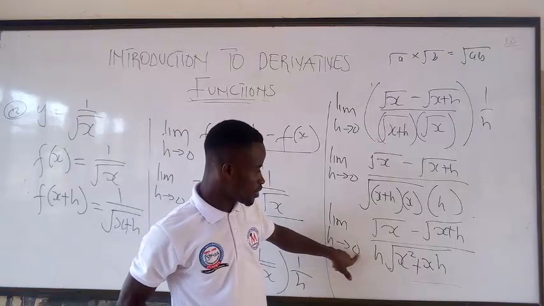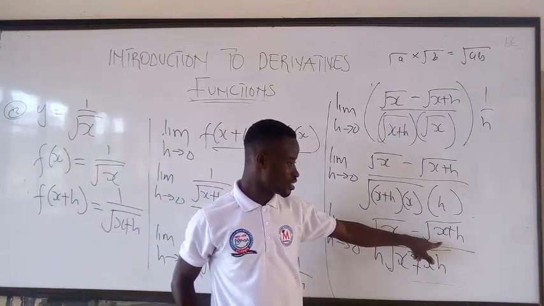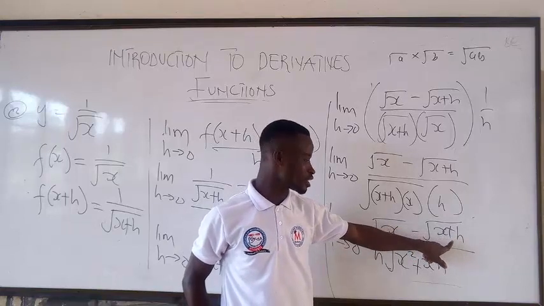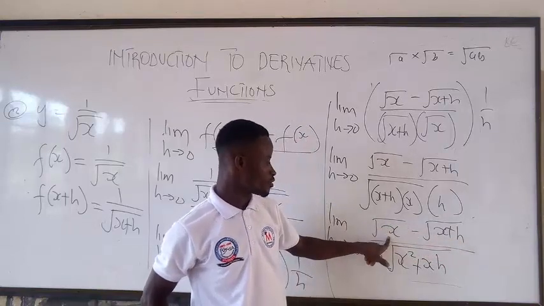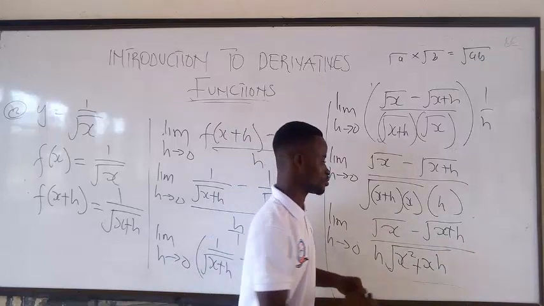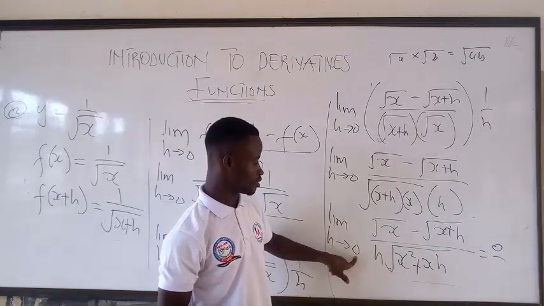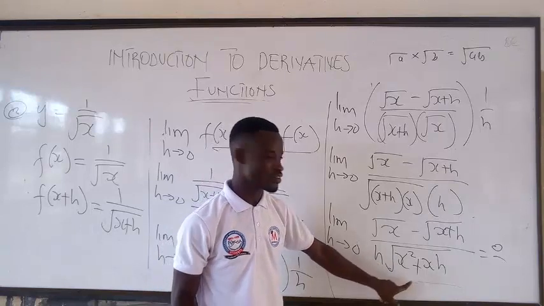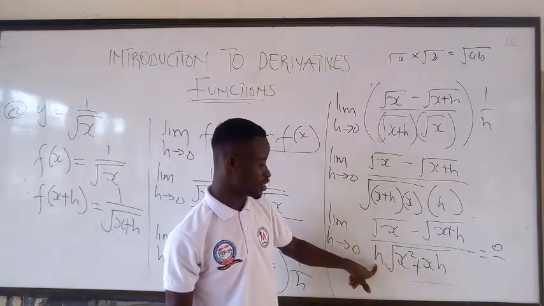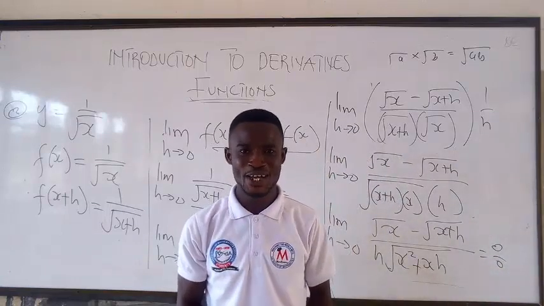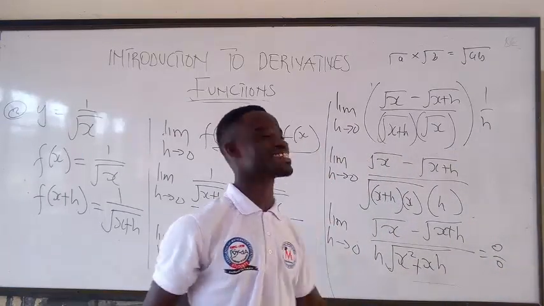So if you put 0 here, we are going to get square root of x, which will give you 0. Without even considering the inside, if you put 0 here, everything here too will be 0. So you still get 0 over 0, which is indeterminate.